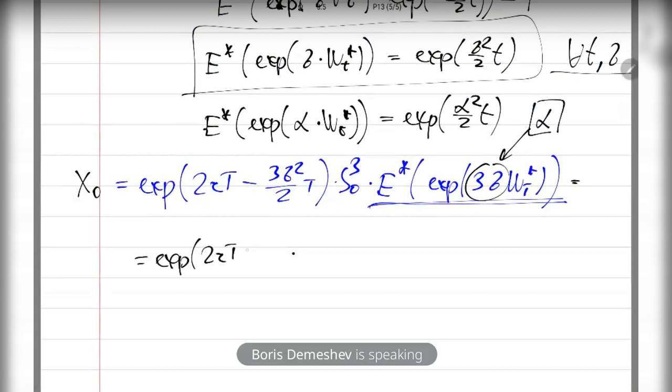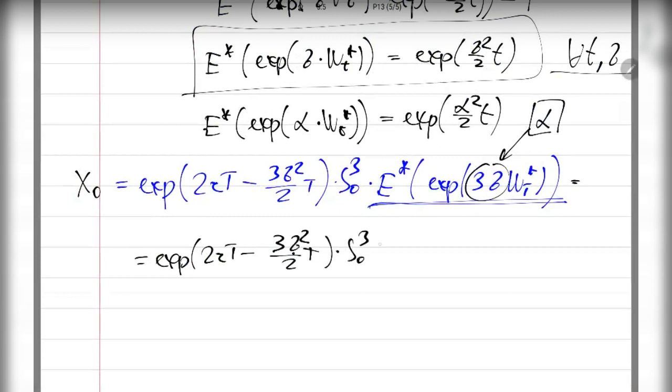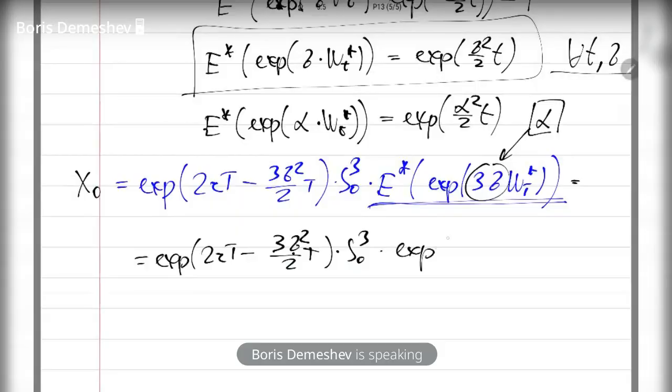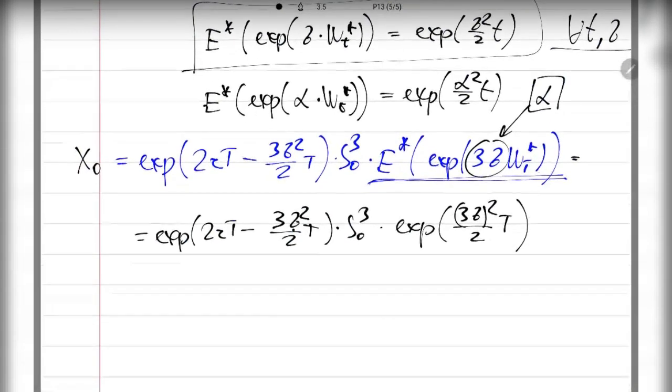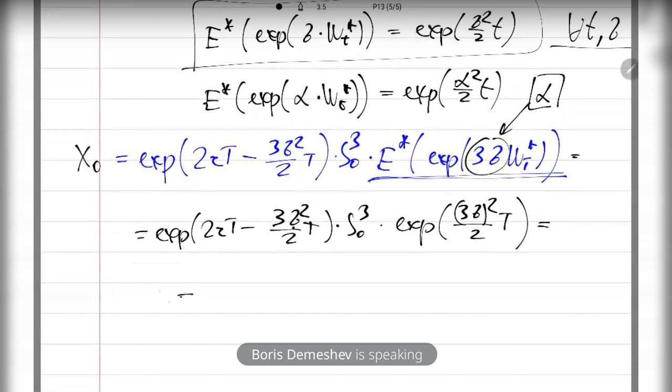Exponent 2RT minus 3 sigma squared over 2 times T times S0 cubed times exponent of 3 sigma squared over 2 times T. And I've got finally exponent 2RT.